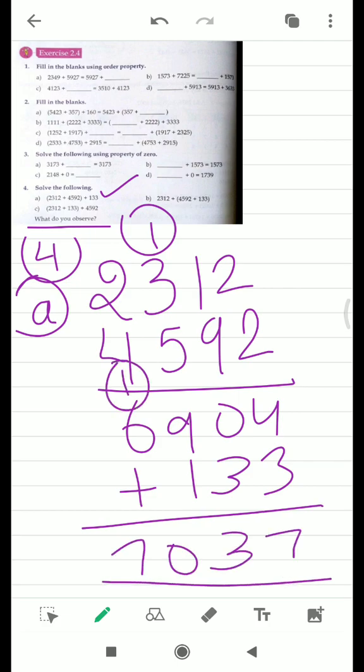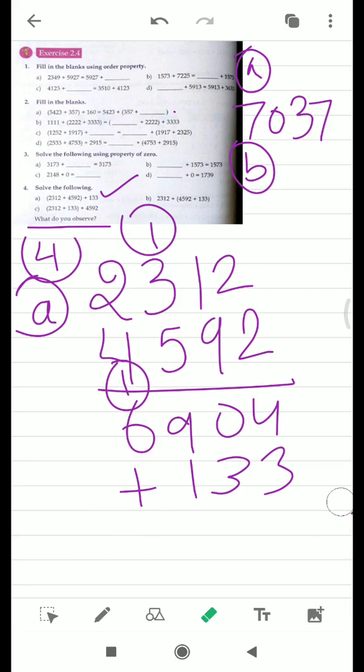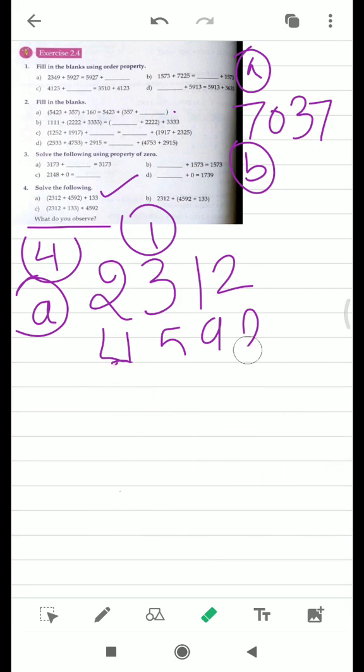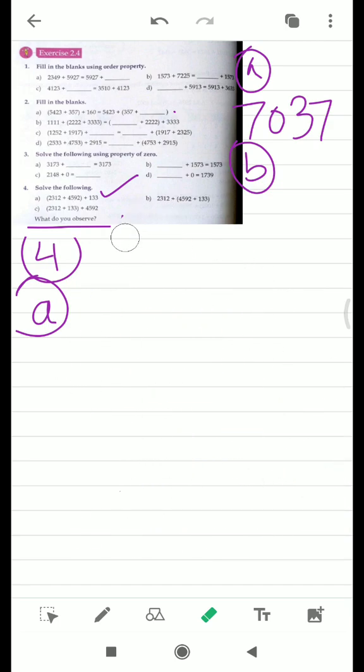We're going to get this. So let's write this answer here. A part had answer 7037. So we'll just see the answer of B part. Let's erase it.